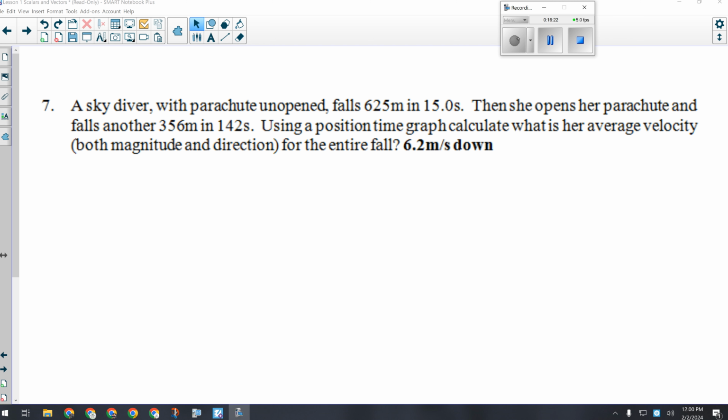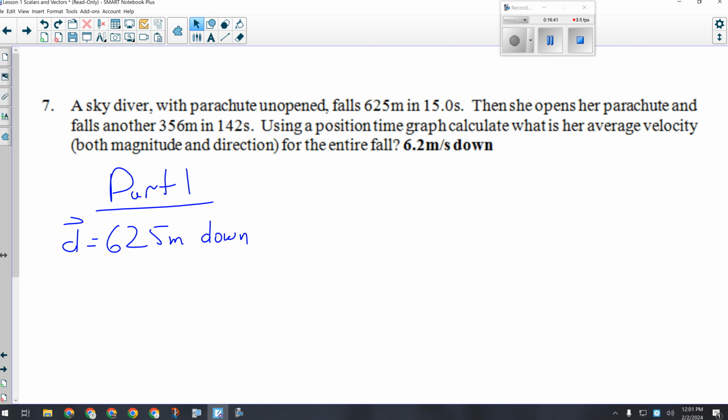So basically the same as the last question, except this time it's a person jumping out of a perfectly good aircraft. Okay, so we've got person falling first 625 meters in 15 seconds. All right, so part 1, we've got a displacement this time because they did indicate direction. You generally fall down. Generally. Okay, and then the time is 15 seconds.